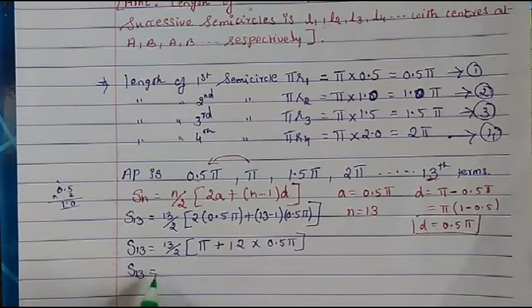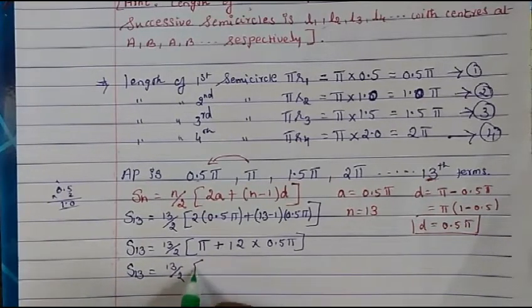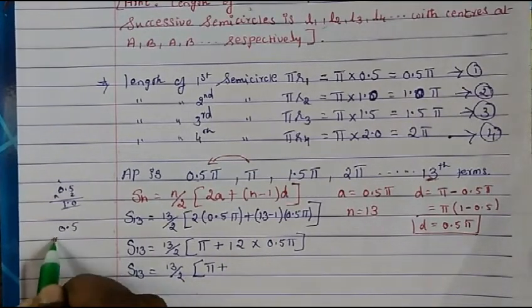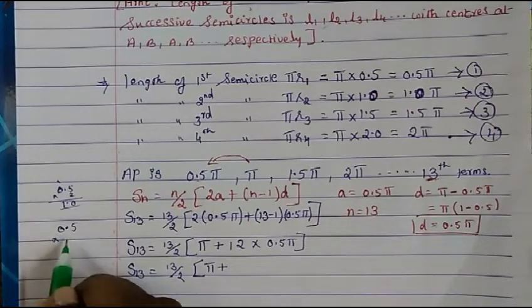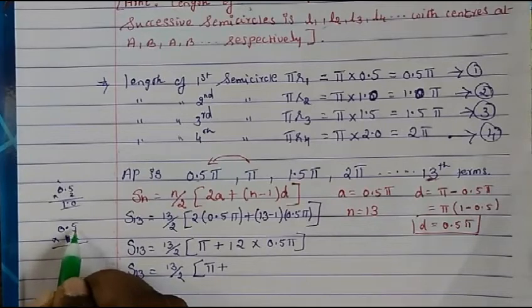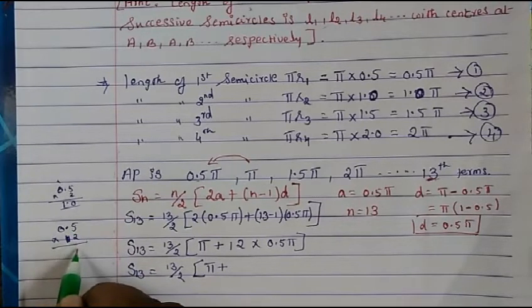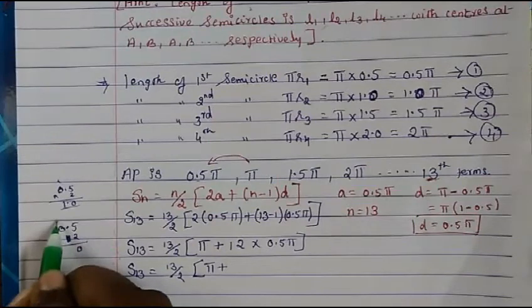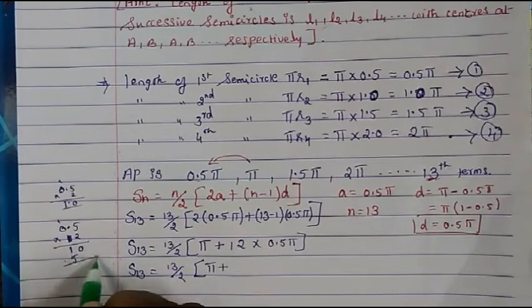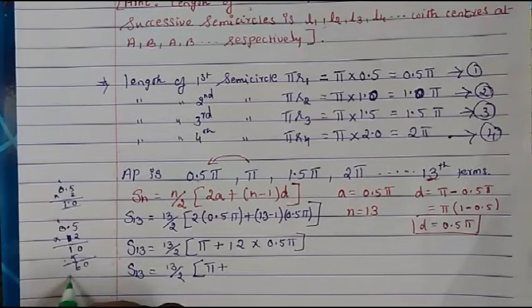So now S13 equals 13 upon 2 times pi plus, now with 12 you multiply 0.5. With the 2, 2 fives are 10, so 0, carry 1, and so on.